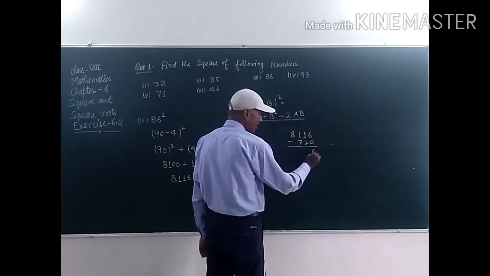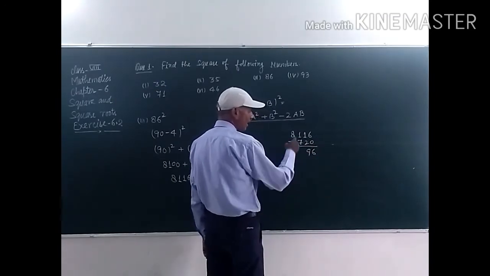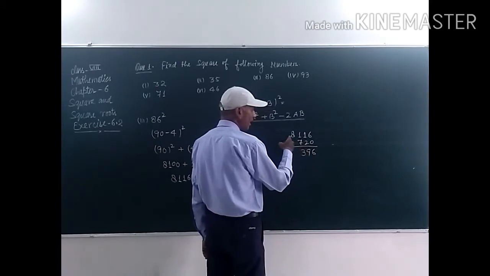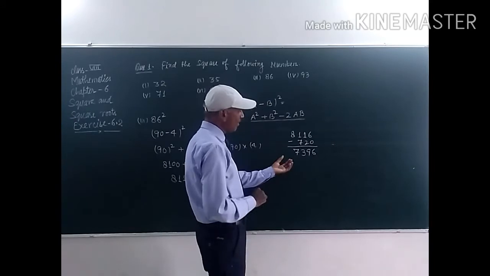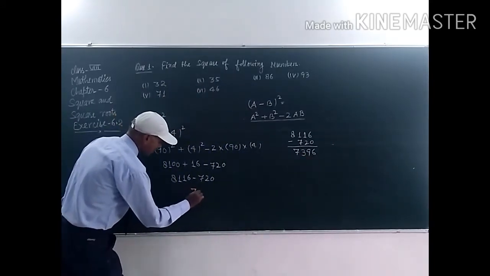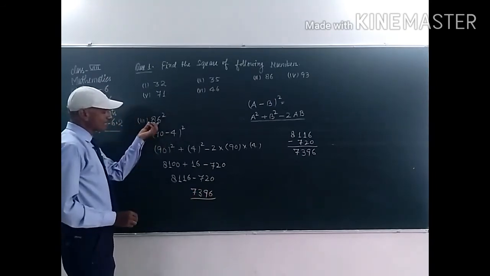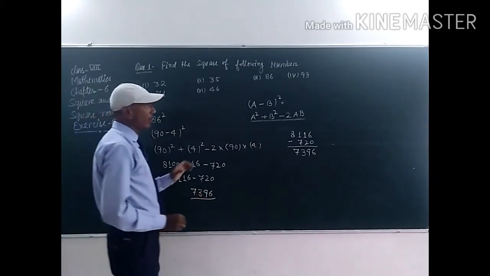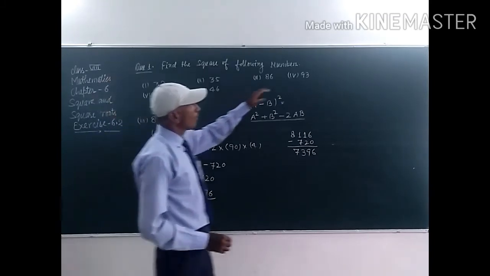So it will be 6, 11 minus 2, that is 9, and here 10, 10 minus 7, that is 3, and in this 7. Clear student? 7396. The square of 86 will be 7396. Now we have to find out the square of this fourth part.